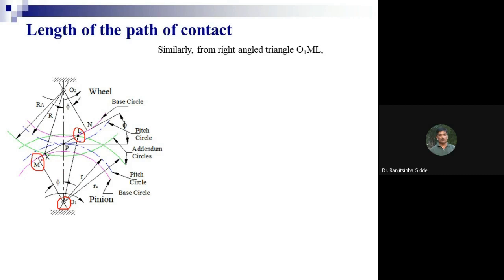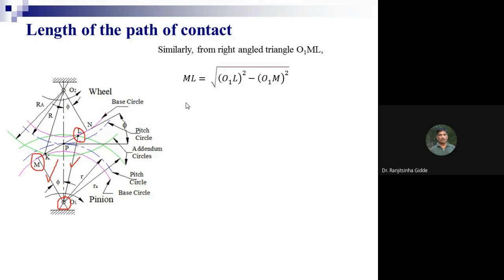How to write? Again by applying the Pythagoras theorem. So O1 L, this one is hypotenuse, its square, minus this O1 M square. So ML is equal to under root O1L bracket square minus O1M bracket square.